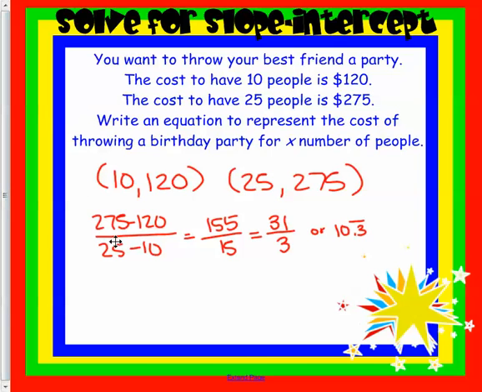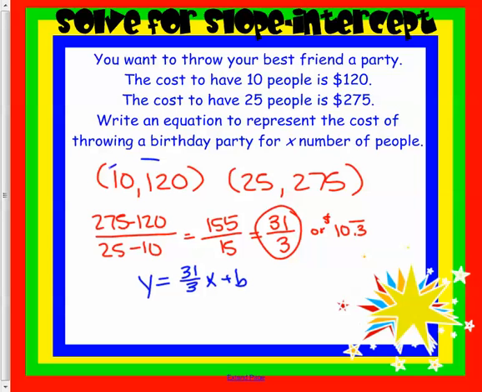So if you look at this, my slope would be, it's going to cost $10.30 per person. So let's use my fraction though of 31 over 3 because that's going to be easier to multiply by. So let's plug it in. Y equals 31 over 3 times x plus our b.